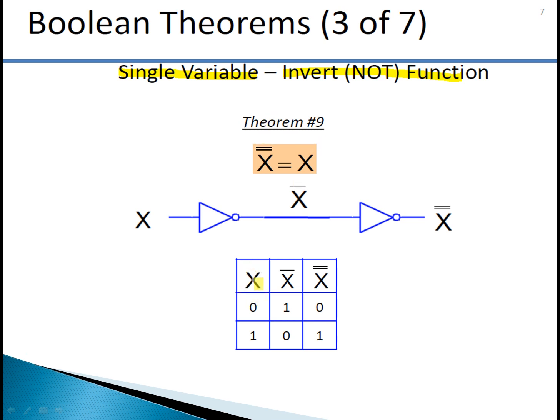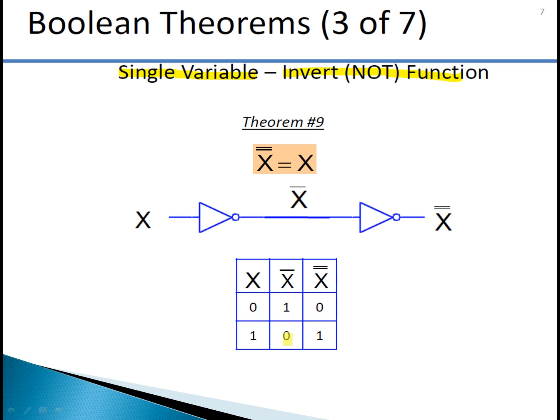Let's consider this truth table. Here x and x bar, x double bar. If x is 0, x bar is 1. That is complement of this 0 is 1. And x double bar is again complement of this 1 is 0. And next consider x equal to 1. Complement of this 1 is 0.